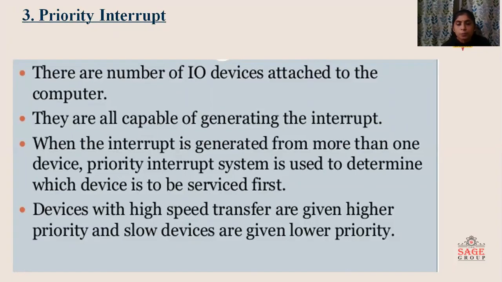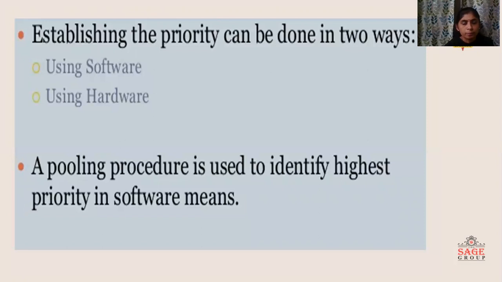Devices with high speed transfer are given higher priority and slow devices are given lower priority. Here the high speed devices are at the top of the priority list, and slow devices are at the lower priority. Establishing the priority can be done in two ways: using software and using hardware.